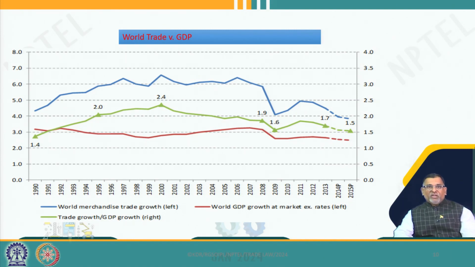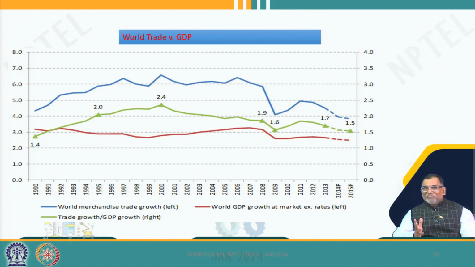And when you see the red line, the world GDP growth rate, you can see that it is almost stagnant even from 1992, even going down by 2015. So, the world mercantile trade has increased and the trade growth also increased, but the world GDP is not increasing as compared to the mercantile trade and the trade growth.